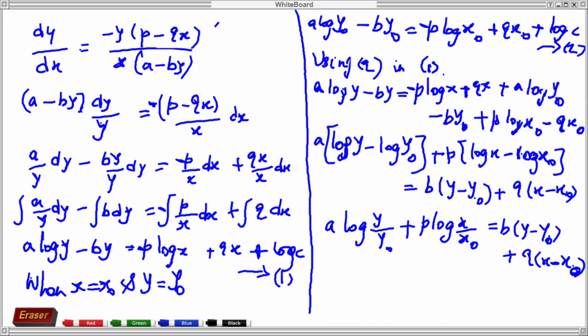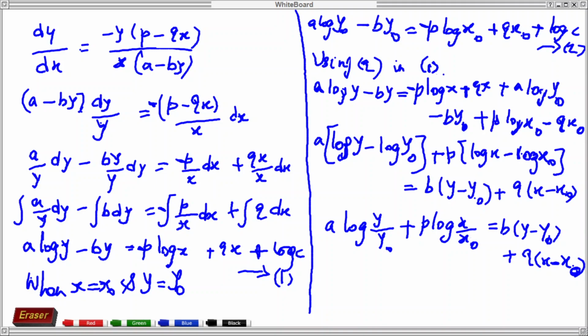See, we are considering here dy by dx, and that is equal to minus y by x into p minus qx divided by a minus by. In order to solve this differential equation, we need to cross multiply them. That means we are going to apply the variable separable method.